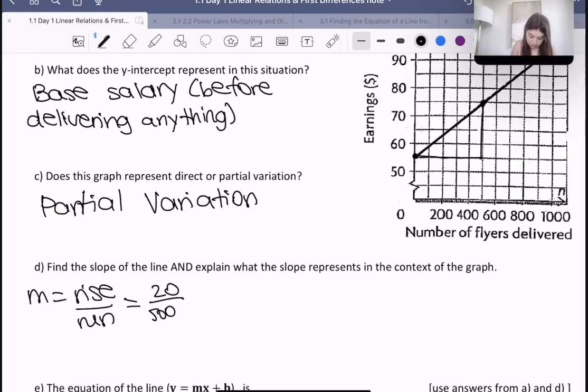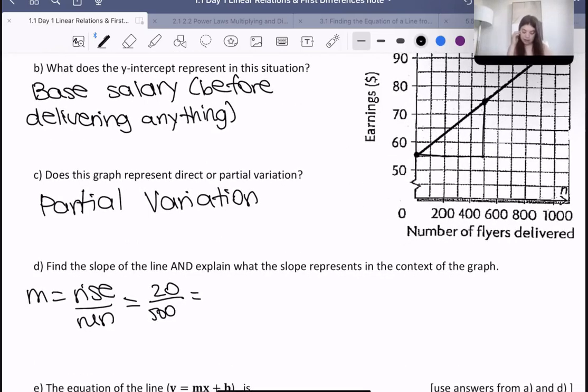So this is going to give us how much money she earns per flyer. I'd imagine it's probably not that much per flyer. Let's see, 20 divided by 500 is 0.04. So that means that she makes 4 cents for delivering one flyer, right? So after a whole neighborhood, she's made a few dollars, which is good. But one flyer barely gets her anything.